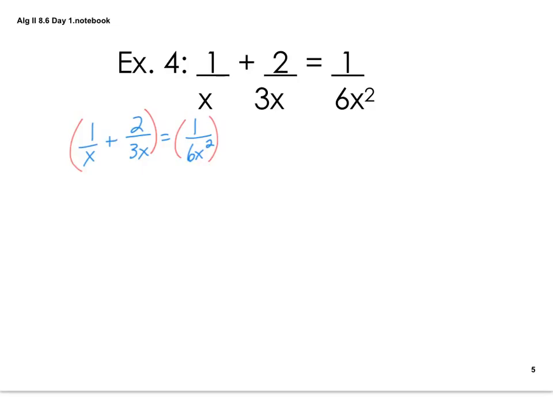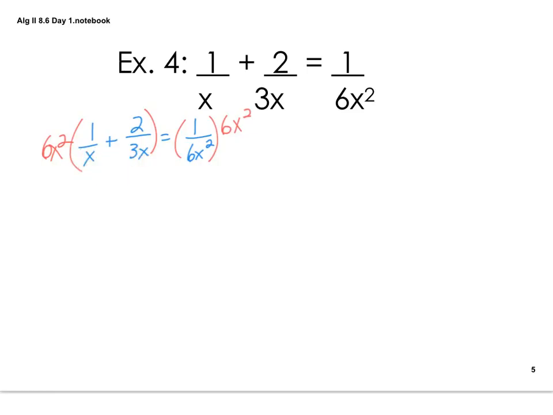On number 4, I'm going to multiply both sides of my equation by 6x squared. When I do that, the 6x squared on the right-hand side cancels out. The reason I chose 6x squared is because it's going to cancel out here, but it will also still eliminate my denominator over here.